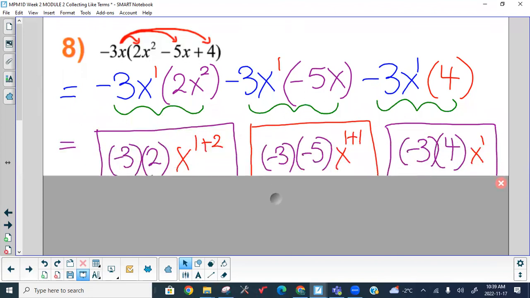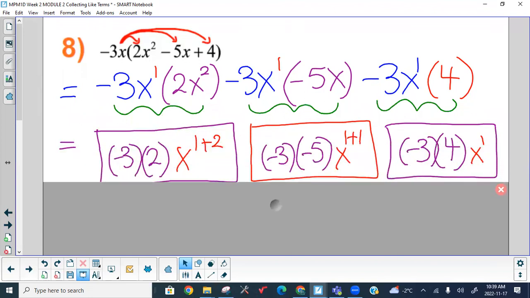Step 2, I actually have to combine these. So let's do that. -3 times +2, I'm writing that down, keeping the base the same and adding the exponents. Next term, -3 times -5, keeping the base the same and adding the exponents.